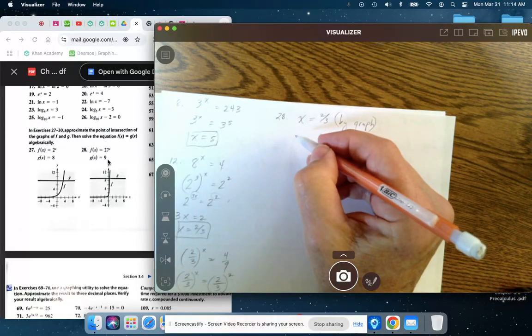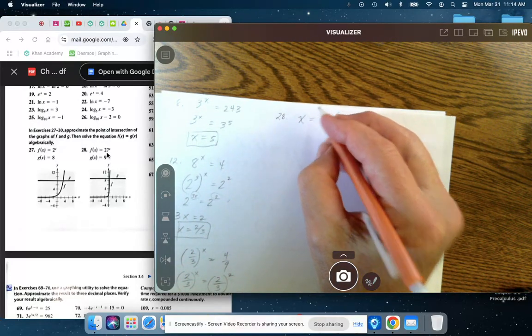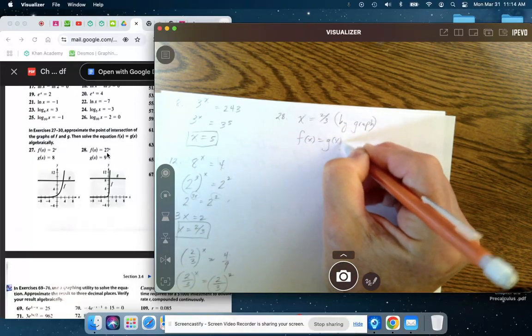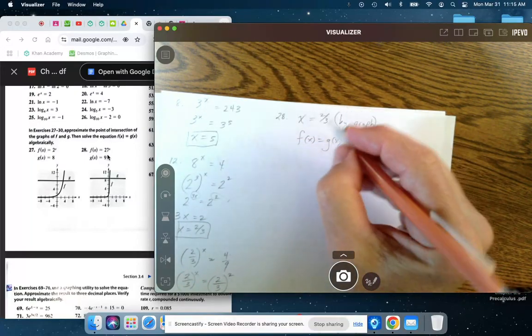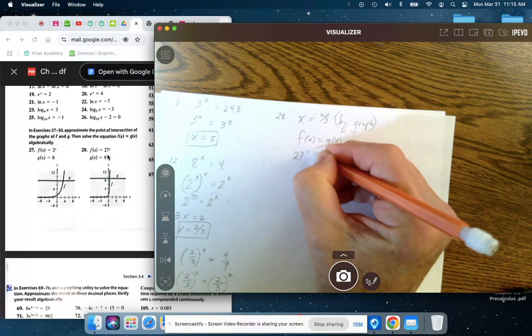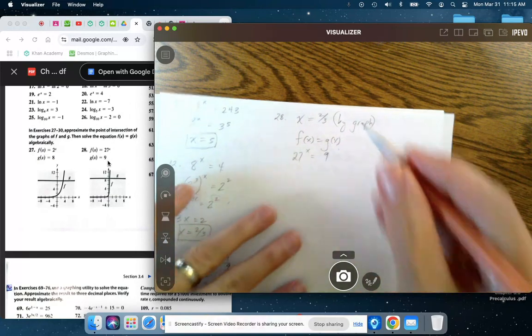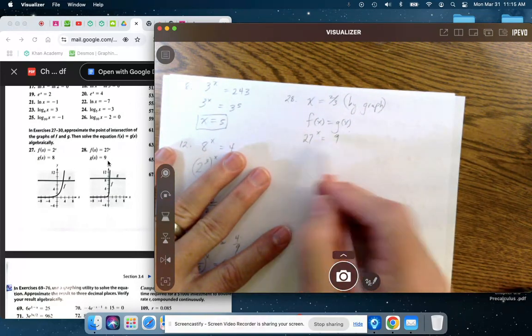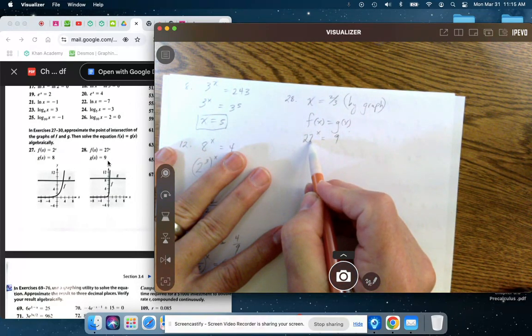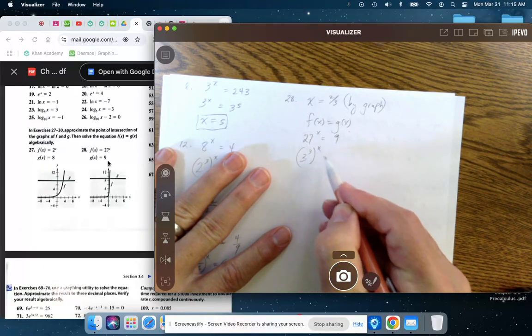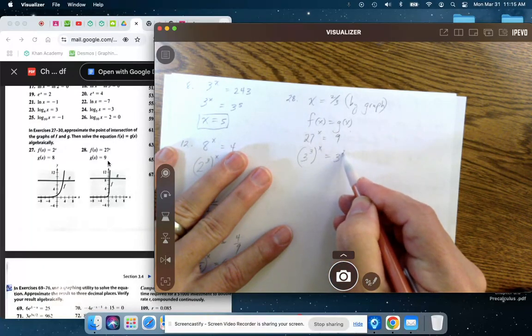And now we're going to solve this equation. So f of x equals g of x. Now f of x is 27 raised to the x, and g of x is 9. And both of these are powers of 3, so 27 is 3 cubed to the x, and 9 is 3 squared.